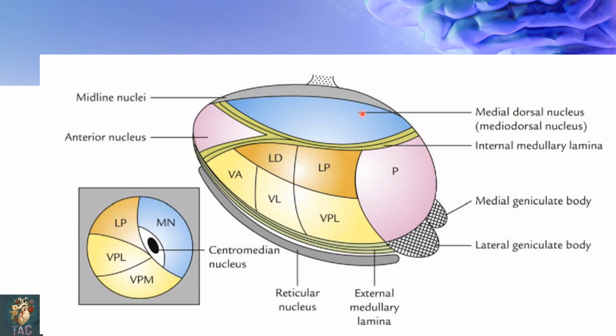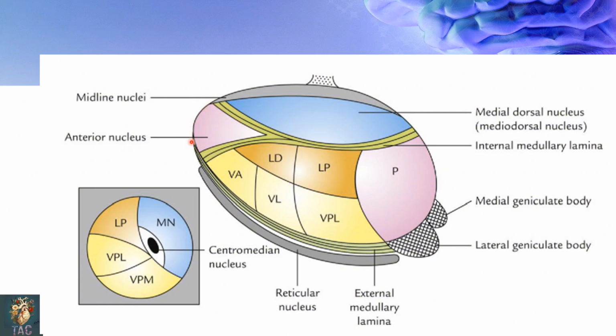Now we move on to the different nuclear groups of the thalamus, and then we will study all of these nuclear groups in detail. So this is an egg-shaped structure, and a Y-shaped internal medullary lamina is present. This is the white matter which is present in the substance of the thalamus, and this Y-shaped internal medullary lamina divides the different nuclear groups of the thalamus.